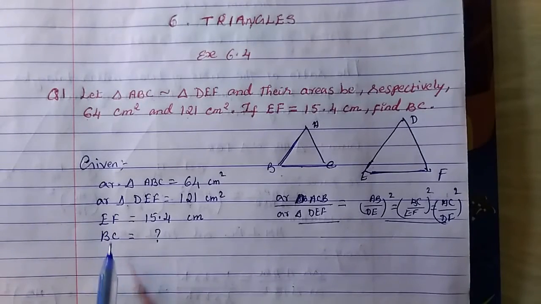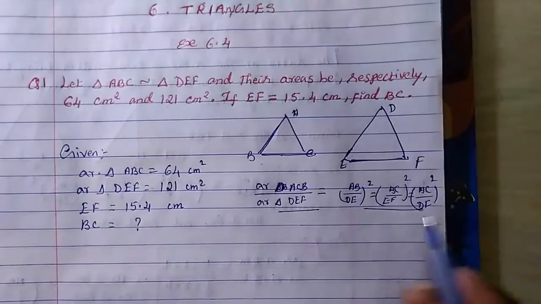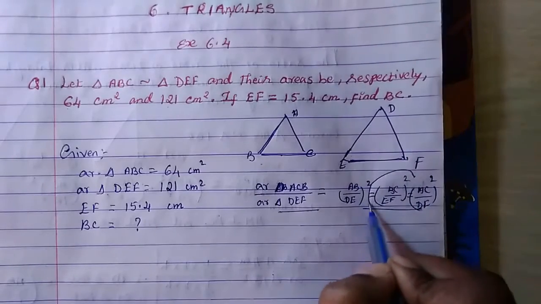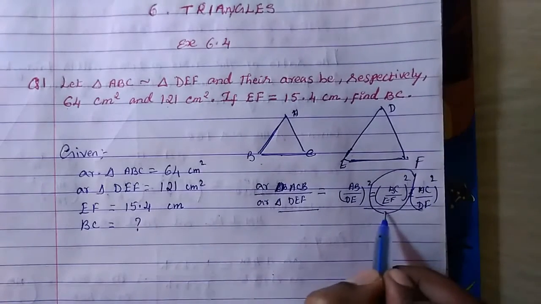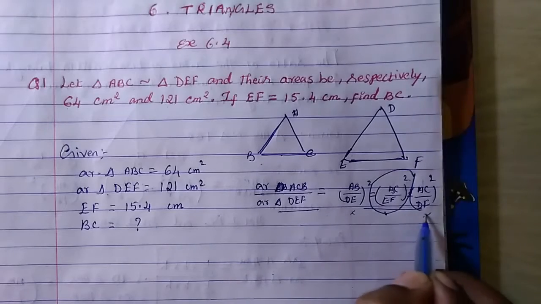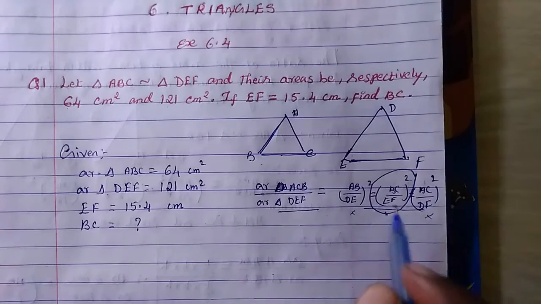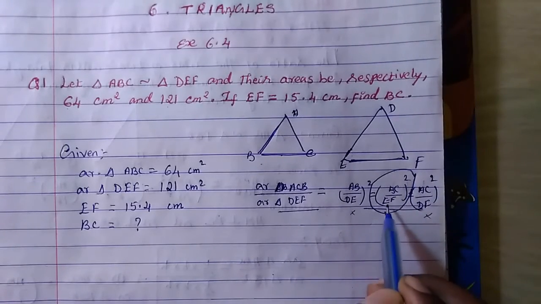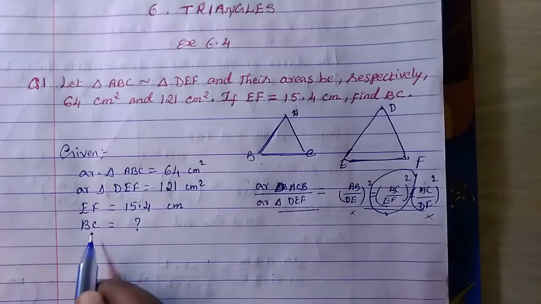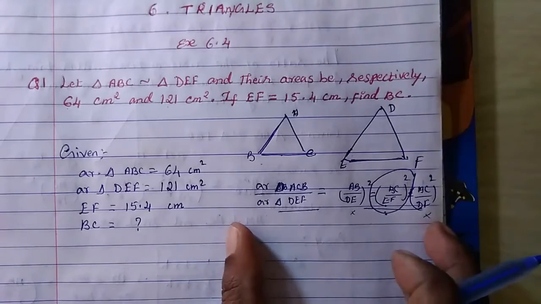So where are EF and BC here? We will take only this part and not consider the rest. All are equal to each other, right? In this, EF is given to us, BC we have to find out, and we put this formula only.